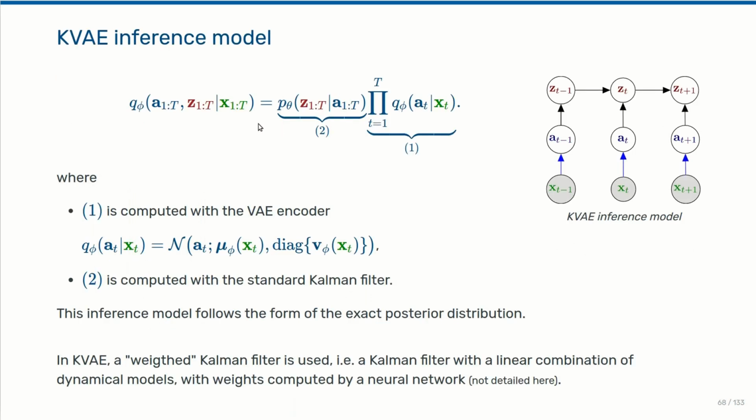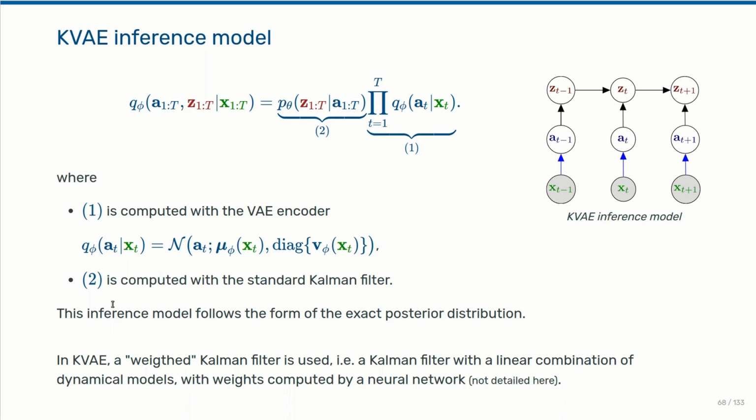Regarding the inference model of the KVAE, we split the joint distribution of the state sequence and the latent code sequence, so A and Z, as the product of two distributions, the one of Z given A and the one of A given X. While Z given A is computed with the standard Kalman filter formulation, the one of A given X is computed using the encoder of the associated variational autoencoder.